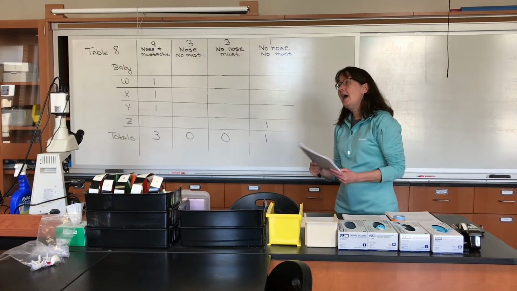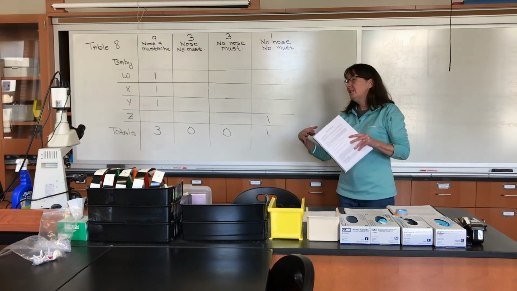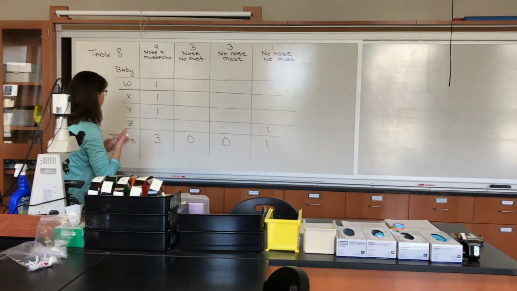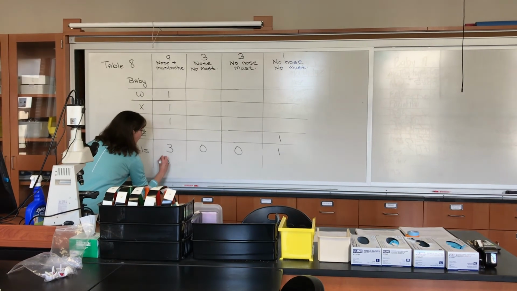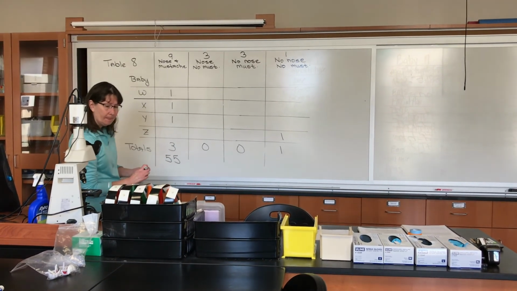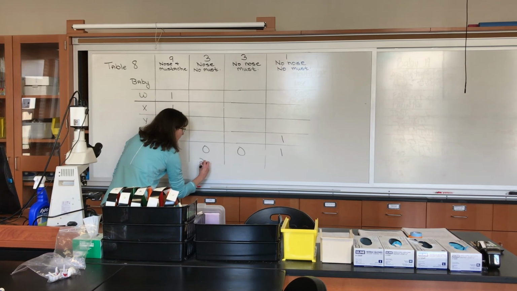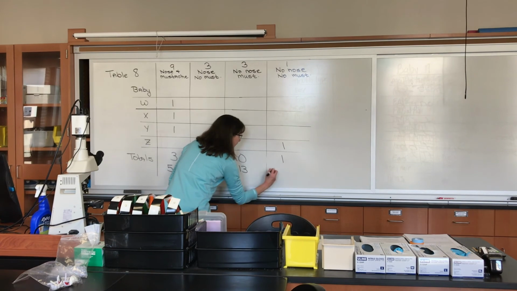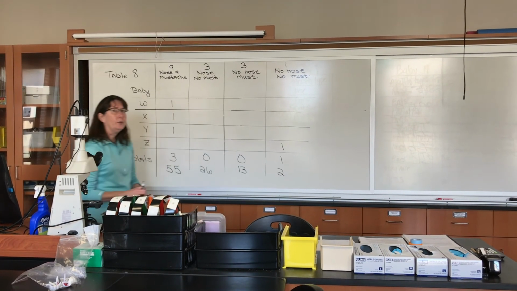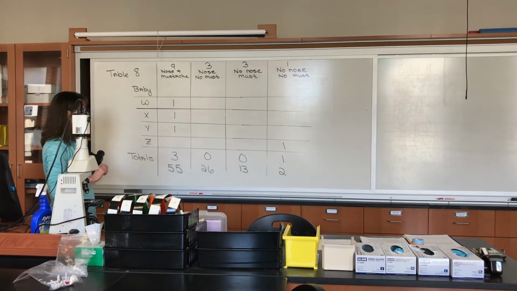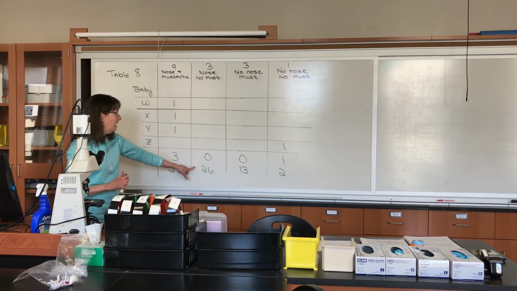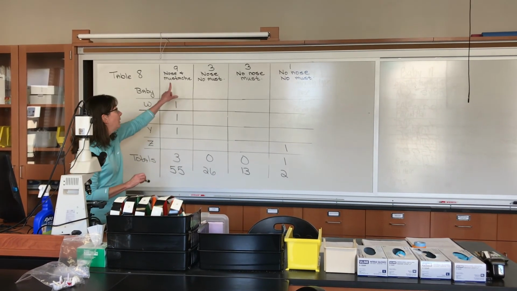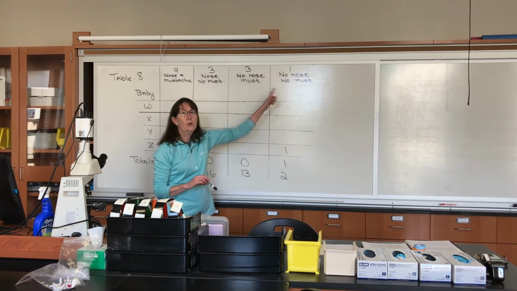So when we add data from other semesters, we don't have quite as much data because the lab got switched around a little bit, but we end up with 55, 26, 13, and 2. 55, 26, 13, and 2 does not even come close to a 9 to 3 to 3 to 1 ratio.